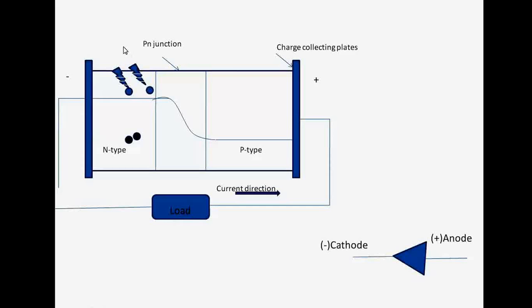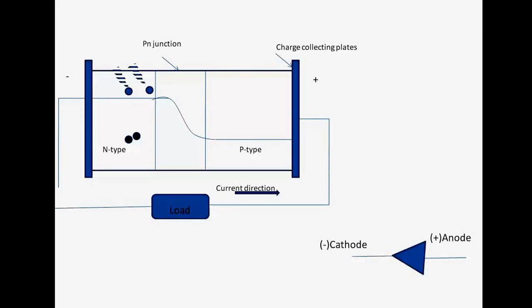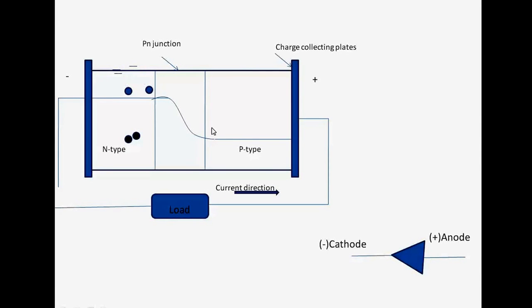Actually, the incoming light has some energy in the wave, according to Einstein's equation, E equals h nu, which is equivalent to the band gap energy needed to carry the electron from the valence band to the conduction band. Okay, so this electron is released and passes through the load like this. This creates a current called photocurrent.